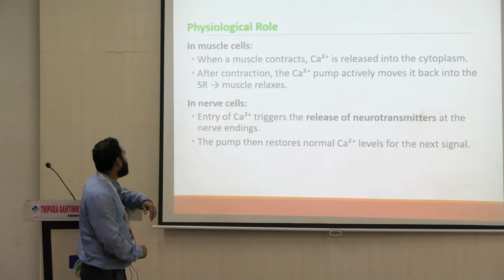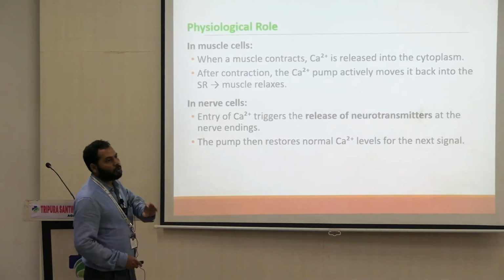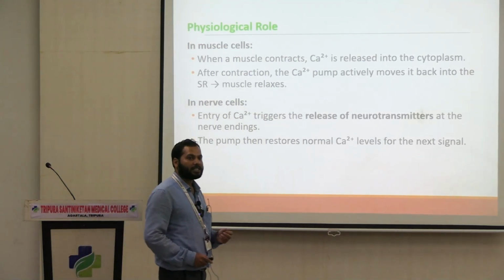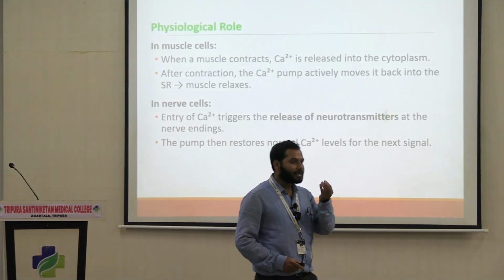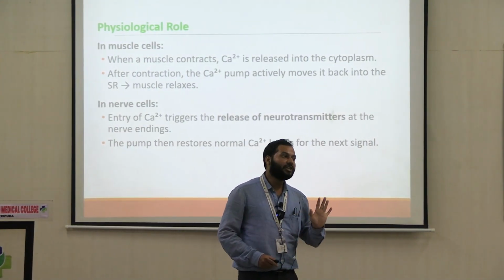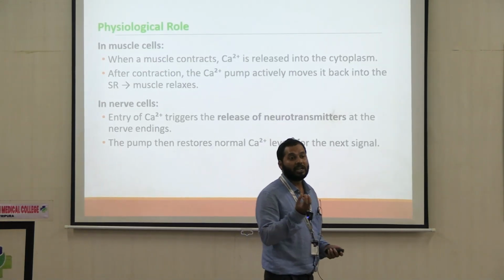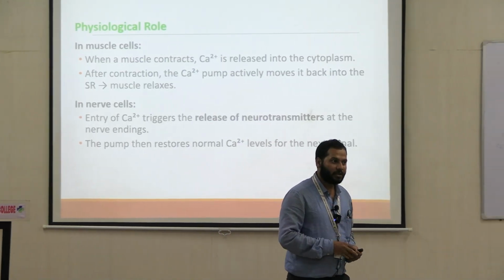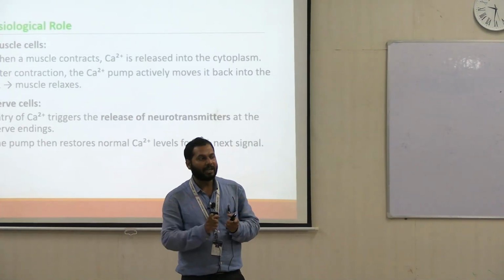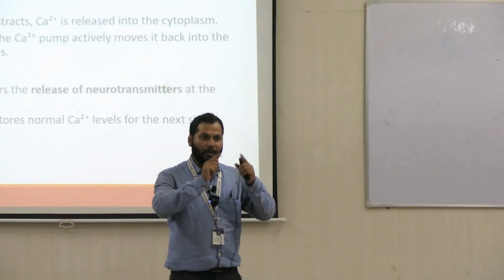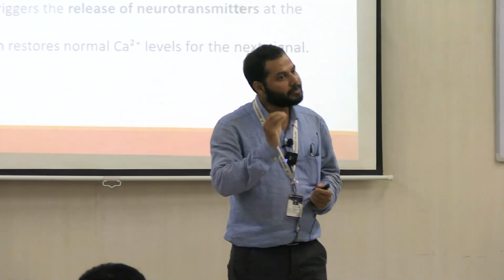In nerve cells, entry of calcium triggers the release of neurotransmitters. We have seen in nerve impulse transmission that the release of neurotransmitter from synaptic vesicles is facilitated by that calcium ion. So how does this calcium ion actually facilitate this transmitter release? If you see the structure of the presynaptic area, the presynaptic membrane contains this calcium pump, which is very specific.